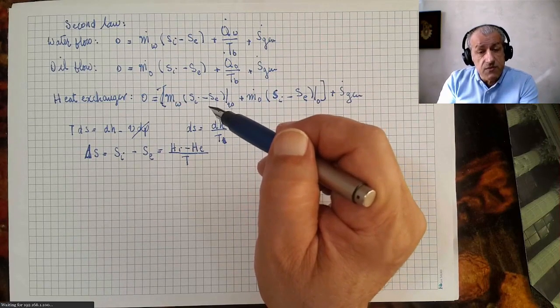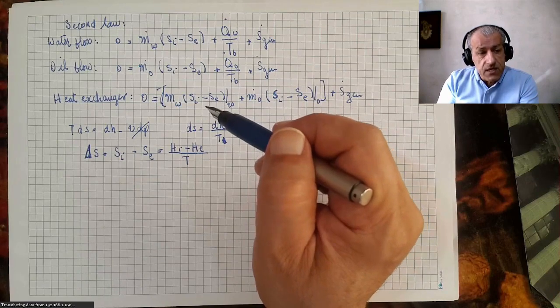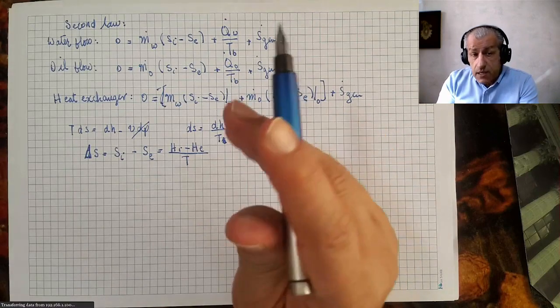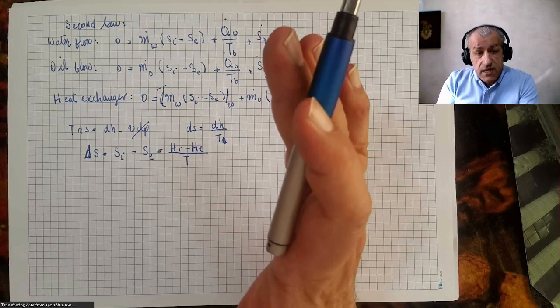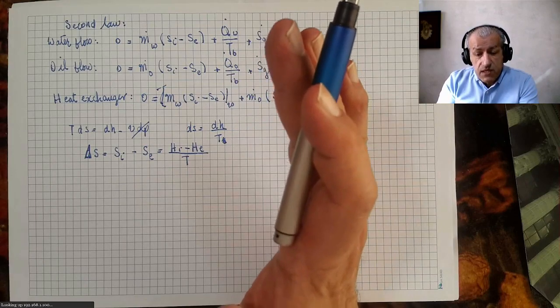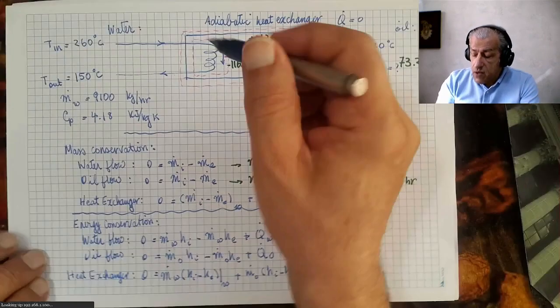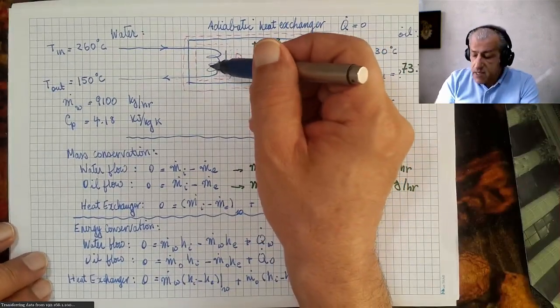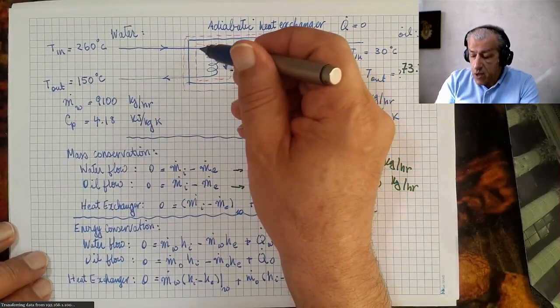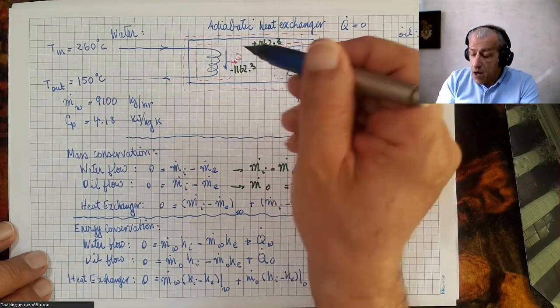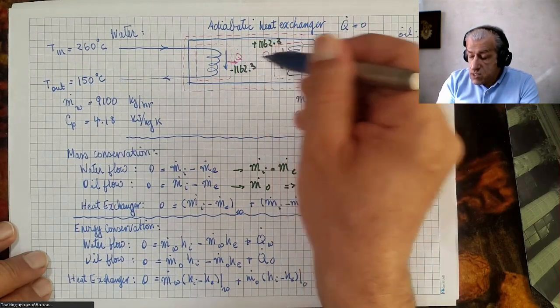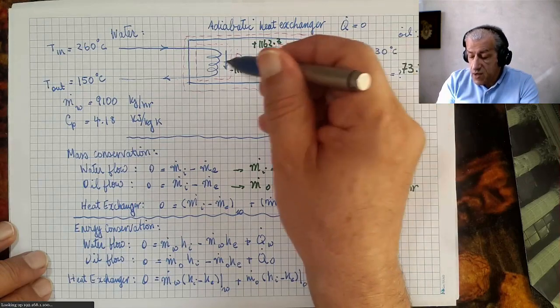It doesn't mean that S dot gen is 0 between the streams, but we have assumed no irreversibilities inside this stream. All the irreversibilities are between these two streams where the heat transfer occurs.